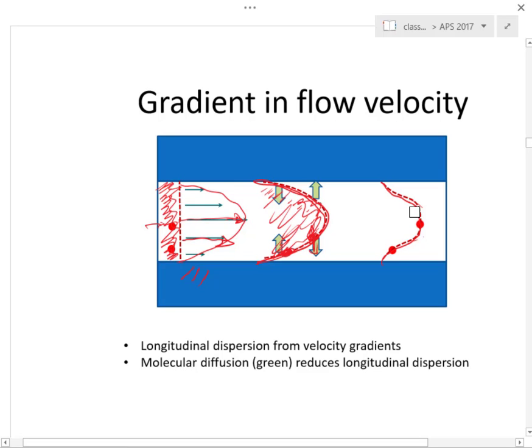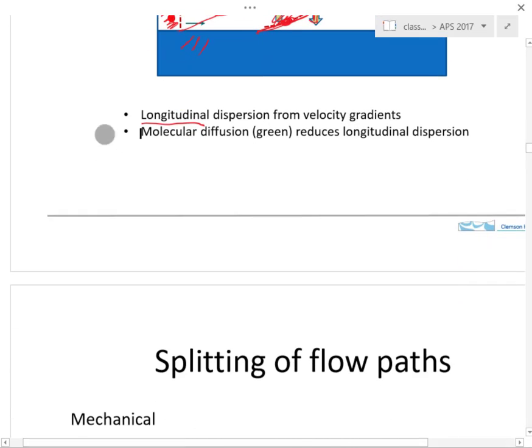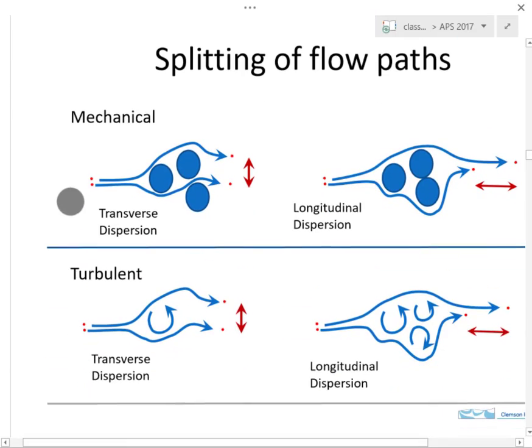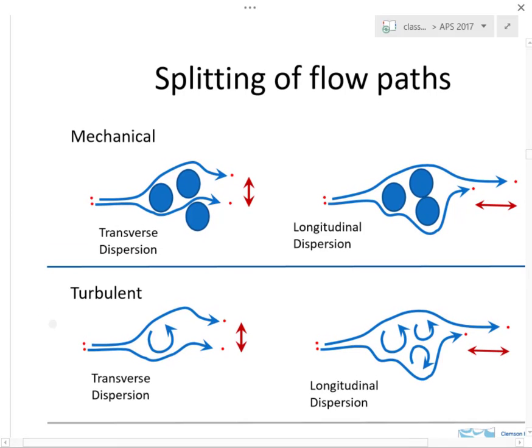In any case, what we get here is that this velocity gradient gives a spreading in the direction of the flow, and we'll recognize this as the longitudinal dispersion. The rate at which it happens will depend on the velocity of the flow.